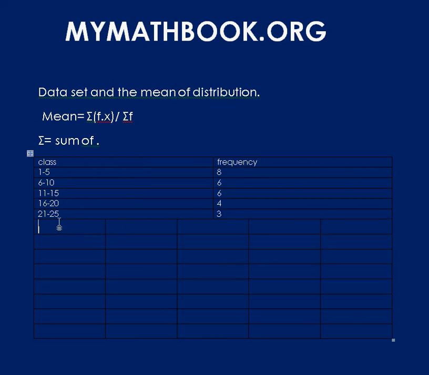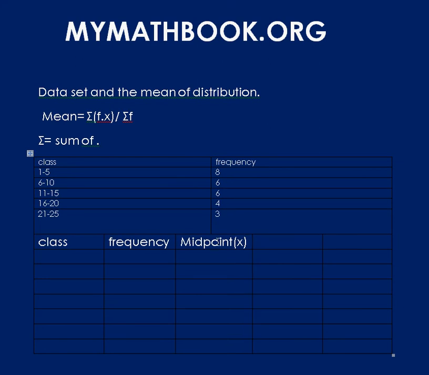Now we have this table here. This is going to be the same class that we have above. This is going to be the frequency that we have above, but I'm going to put here the midpoint, which gives us x, and the frequency is giving us f.